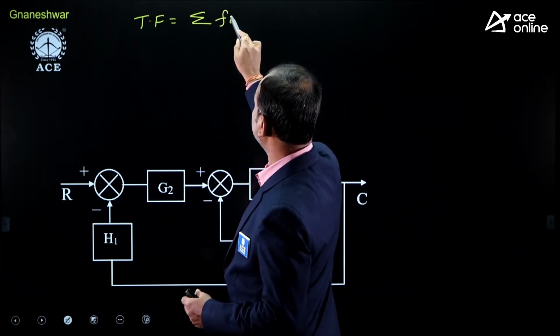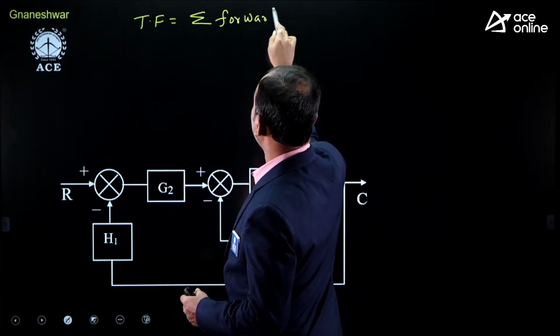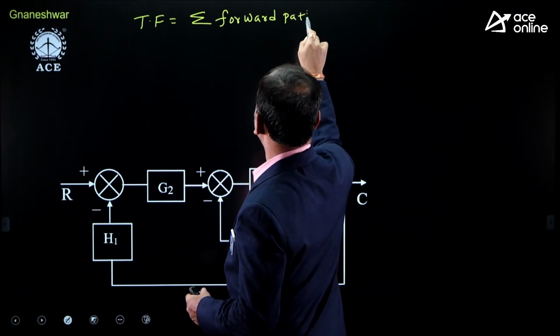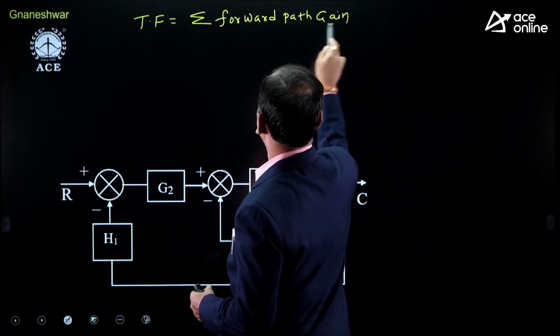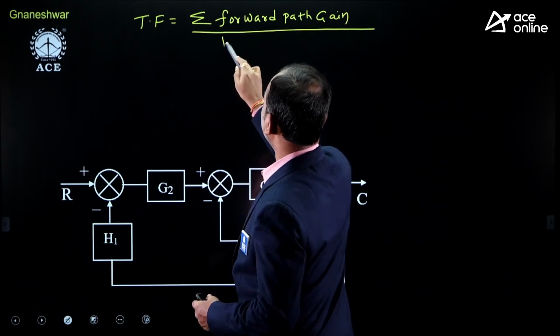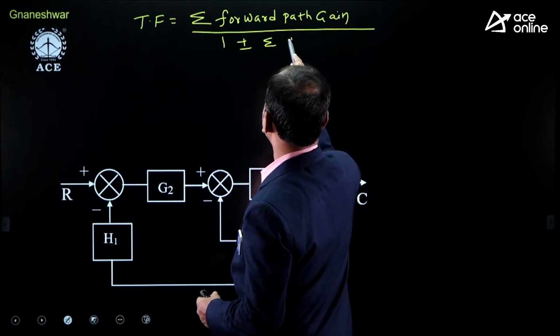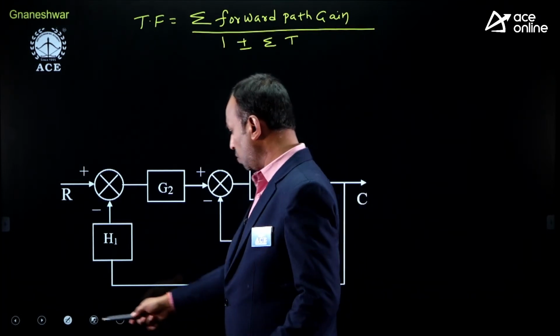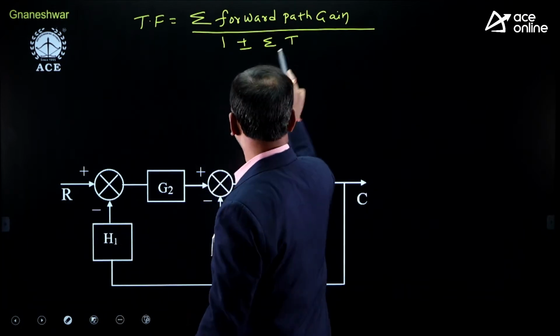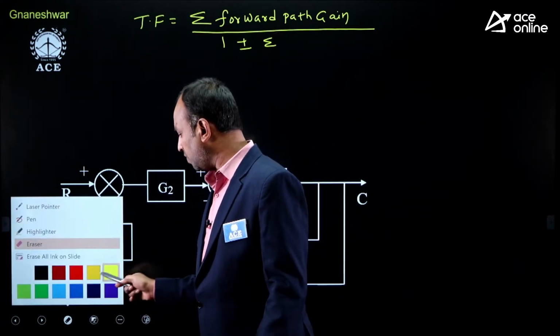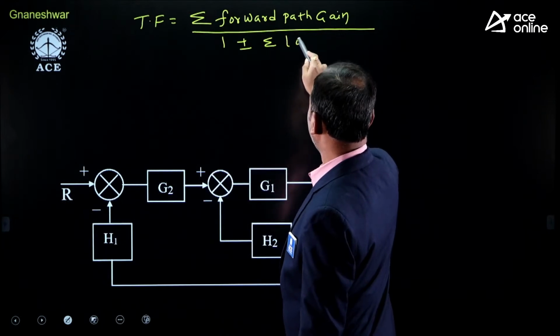Sum of forward path gains upon 1 plus or minus sum of individual loop gains. This is the technique. It is only 1 mark, so we use loop gains.